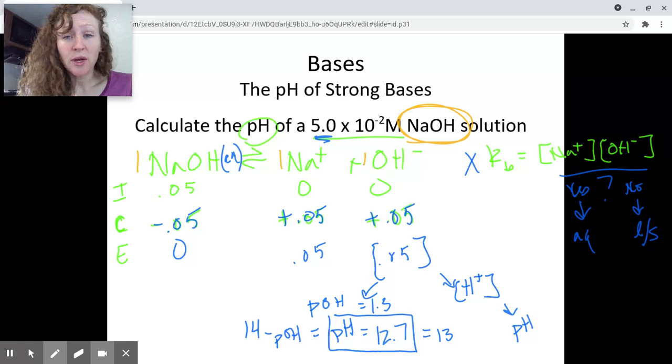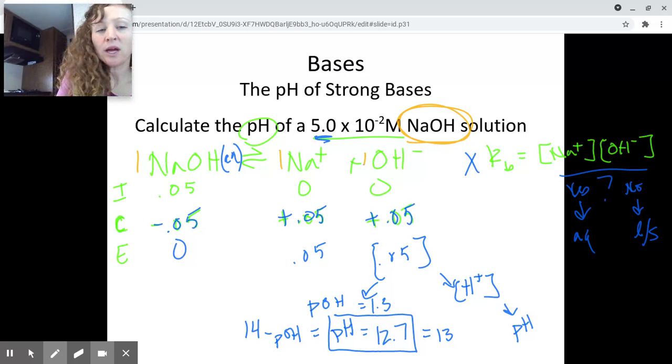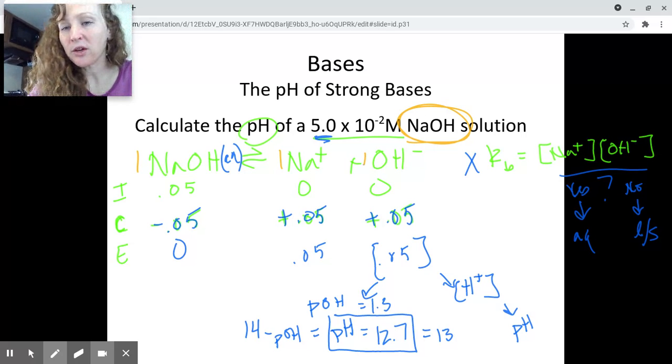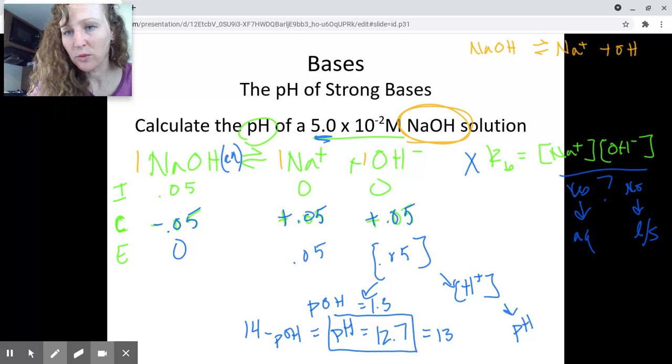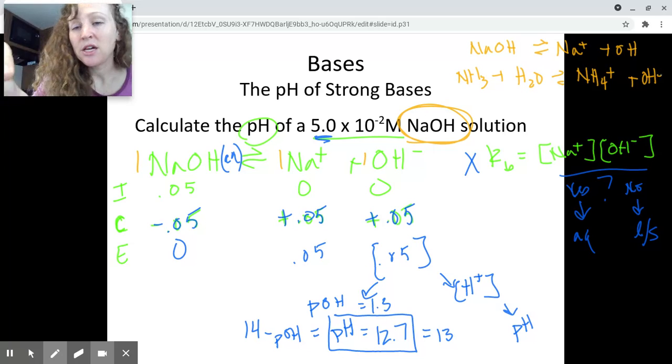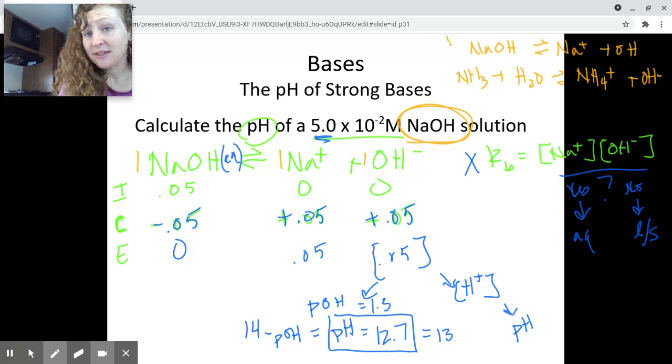Okay, one other thing I want you to notice before we move on and do the same thing for a weak base is my equation. Notice when I wrote my equations on the last slide, I had 2 examples. One of them was NaOH, and one of them was NH3, right? So when you look at these 2 equations, you may notice that the strong base does not include water.